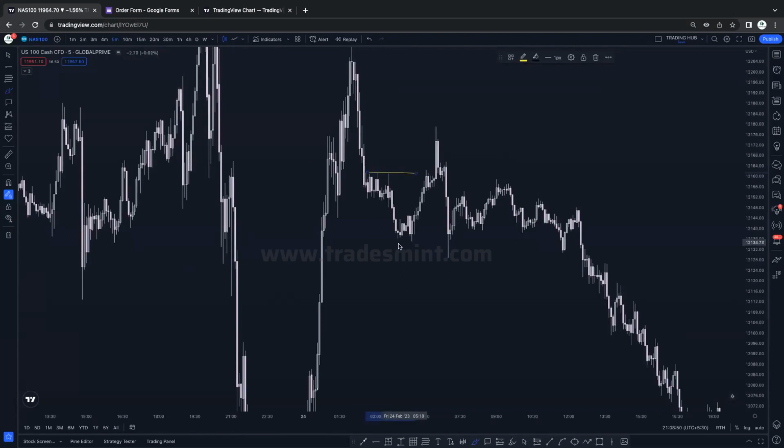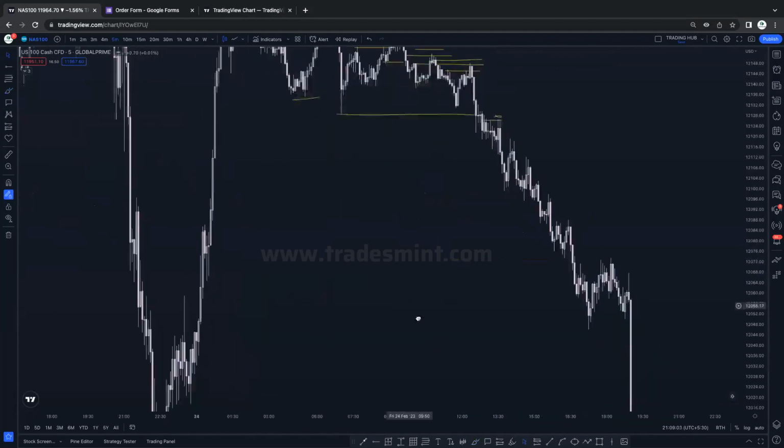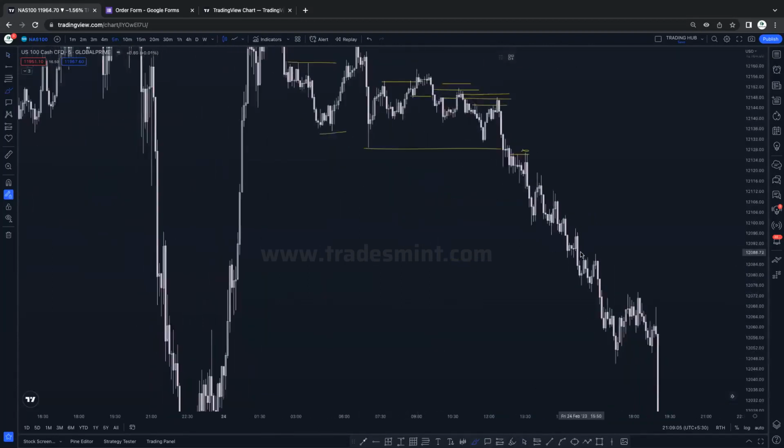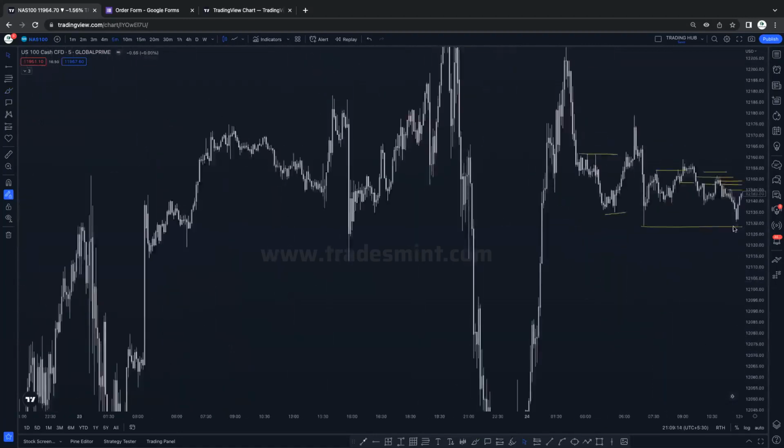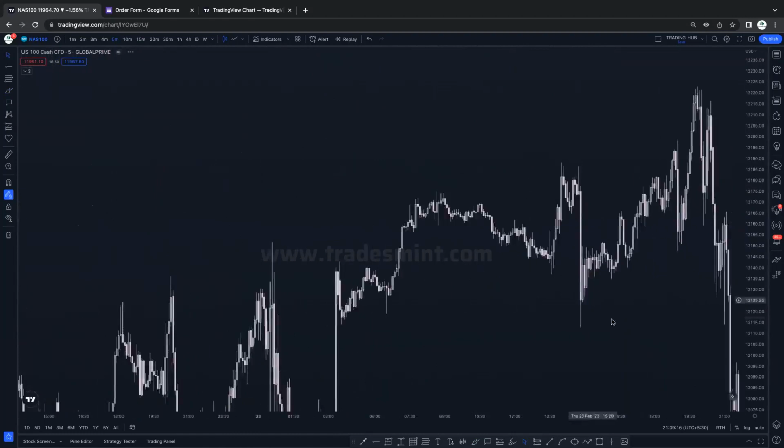Taken out this one, broken, taken out this one, CHoCH, taken out the inducement, sell till this low. Again, inducement mitigated, sell, taken out this inducement and sell, right? And same thing here, taken out the inducement, sell, taken out the inducement, CHoCH, and here also.